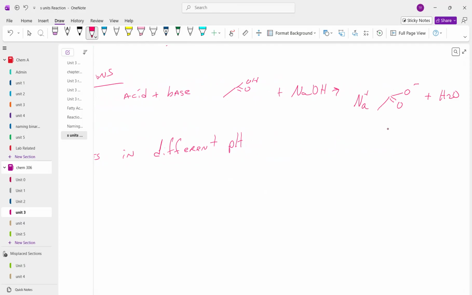So it's going to form the acid salt and water.